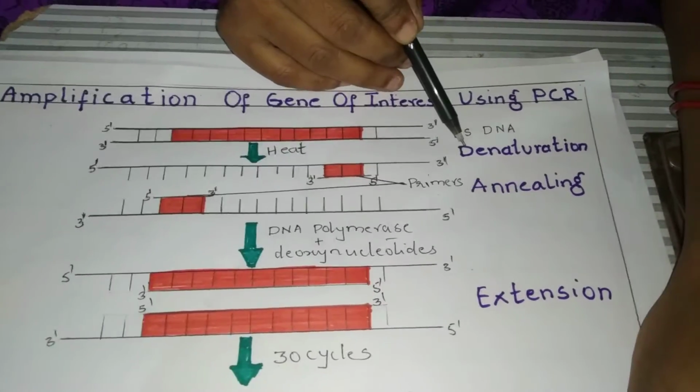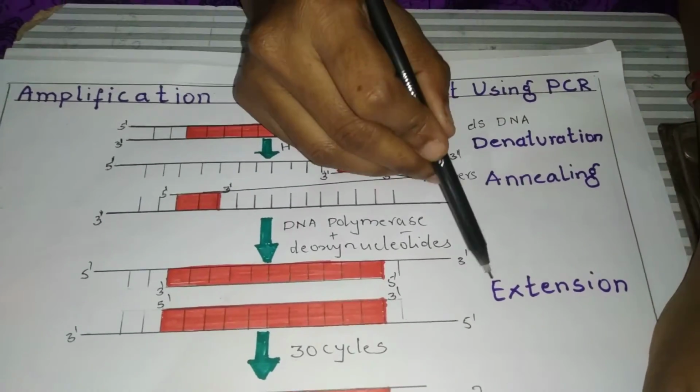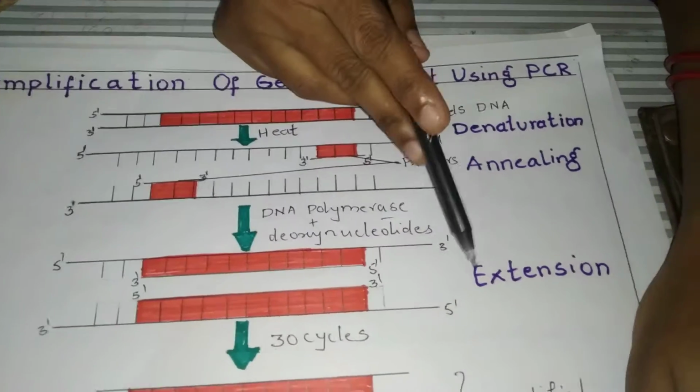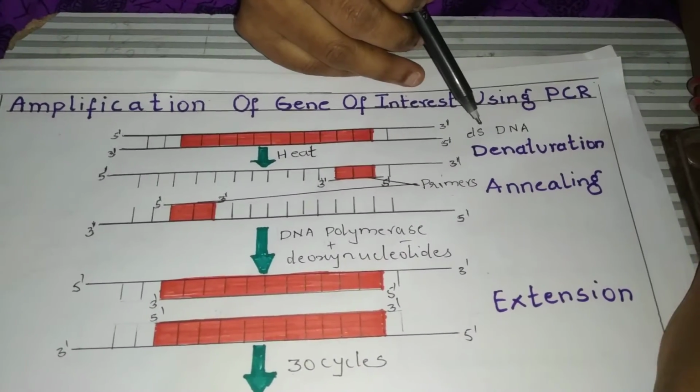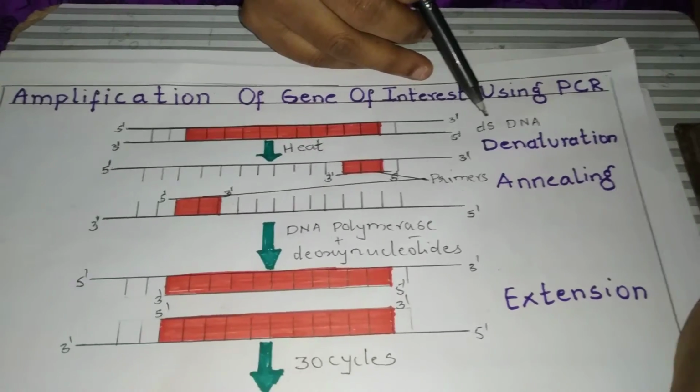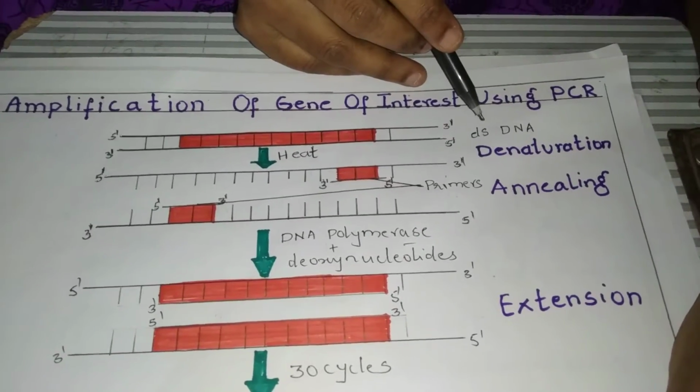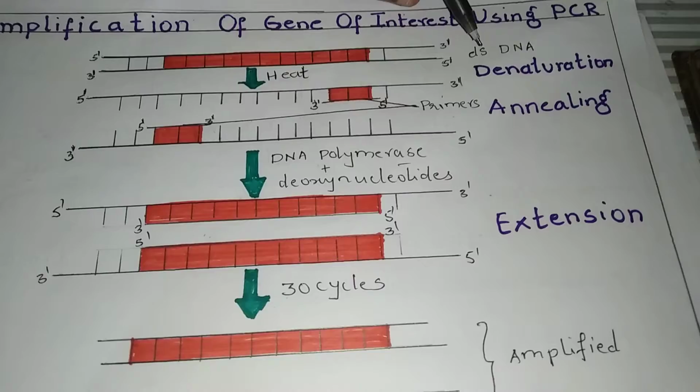The process of amplification involves three stages: denaturation, annealing, and extension. These are the three stages of amplification, which is based on a technique called PCR technique. PCR stands for polymerase chain reaction.